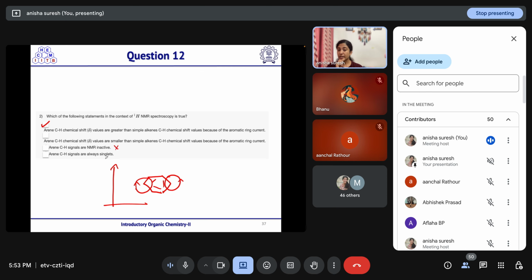Arene CH signals are always singlets is also false, because they can be doublets or triplets depending on the neighboring atoms. You will learn coupling later, but they will not always be singlets. The basic concept to keep in mind is the aromatic ring current: inside it opposes the applied magnetic field, outside it is reinforced, and because of that the arene CH chemical shifts are always greater than the simple alkene CH shifts.